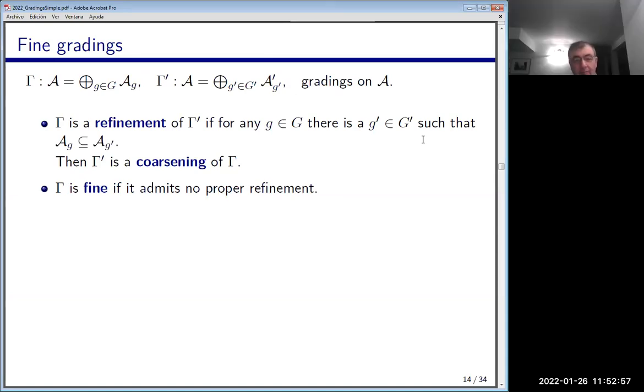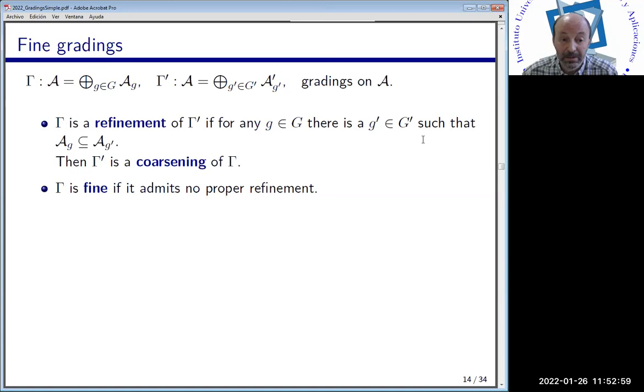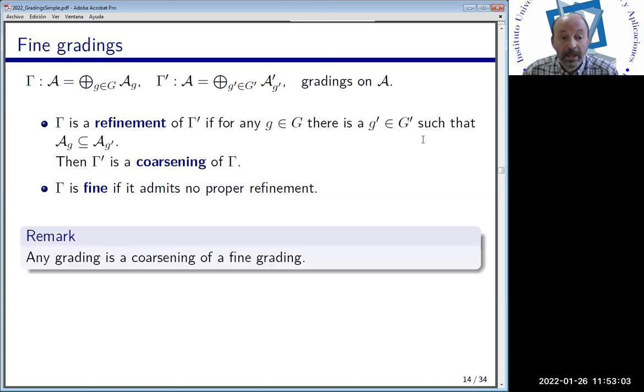These are the gradings that were studied by Patera, Zassenhaus, and collaborators. And they are important because any other grading can be obtained as a coarsening of a fine grading. So in principle, in order to classify gradings, we can classify fine gradings and then take coarsenings of these gradings.